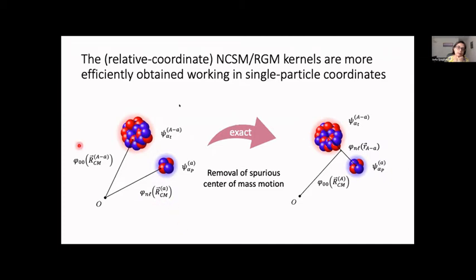And one can prove that working with the harmonic oscillator Faddeev states, one can transform exactly from this configuration to the desired one, that is the relative coordinate one. And so one can exactly remove any spurious center of mass motion that is introduced by working with this basis.